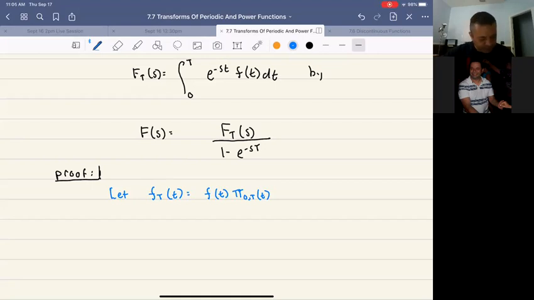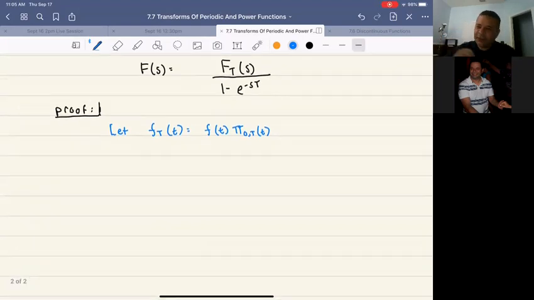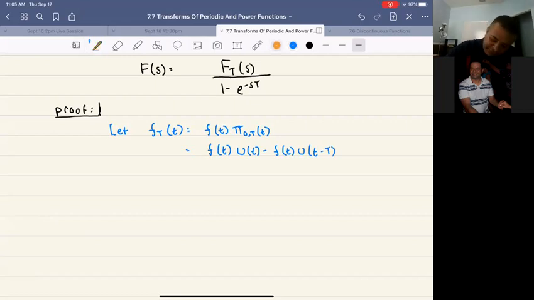So we can write that as a combination of step functions: f of t times u of t minus f of t times u of t minus T. Remember that u of t minus a equals 1 if t is bigger than a, and 0 if t is less than a.